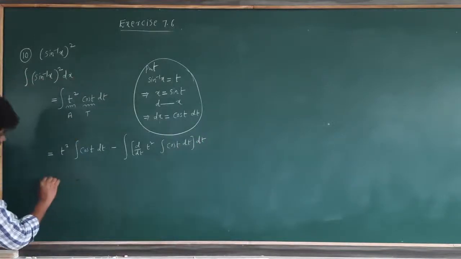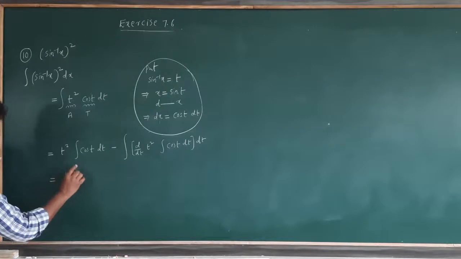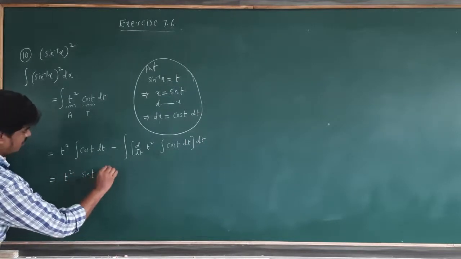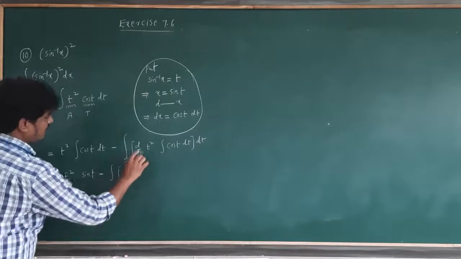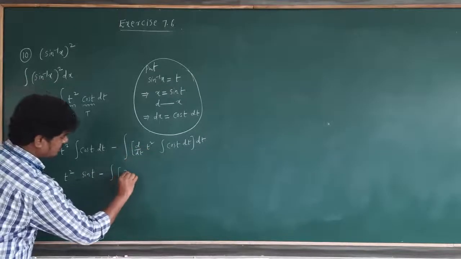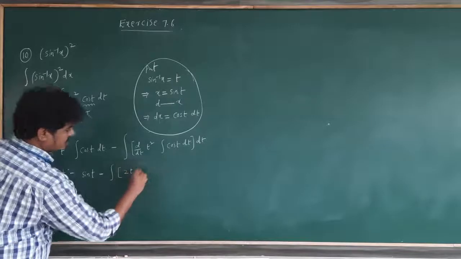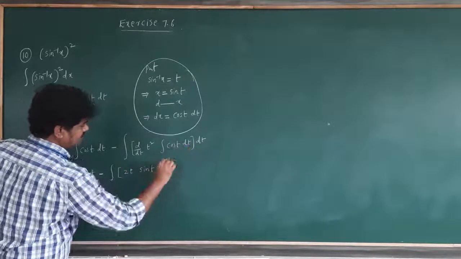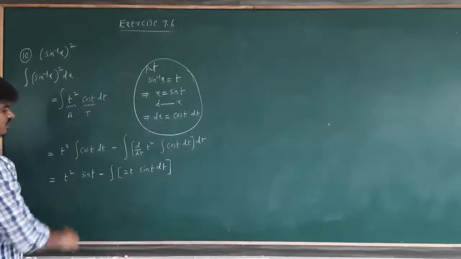Now this is equal to t square. The integral of cos t is sin t, minus the integral of the derivative of t square, which is 2t, into the integral of cos t, which is sin t, dt. Take this 2 outside from the integral.